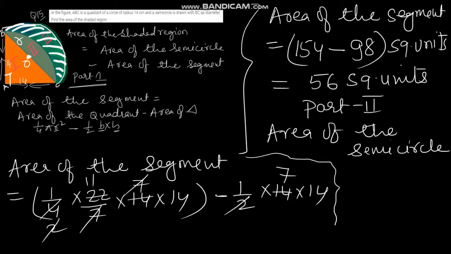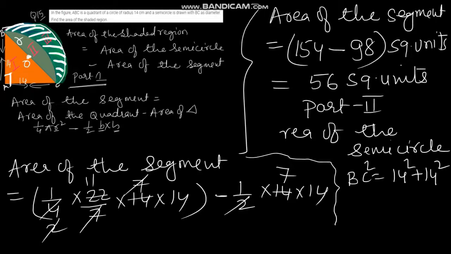So radius of the semicircle will be equal to diameter by 2 and here the diameter is BC. Now if you see this triangle BAC, you know that angle A is 90 degree. So you can apply Pythagoras theorem here, and you will get BC square equal to 14 square plus 14 square, because your AB is equal to 14 and AC is also equal to 14. So AB square plus AC square equal to BC square.